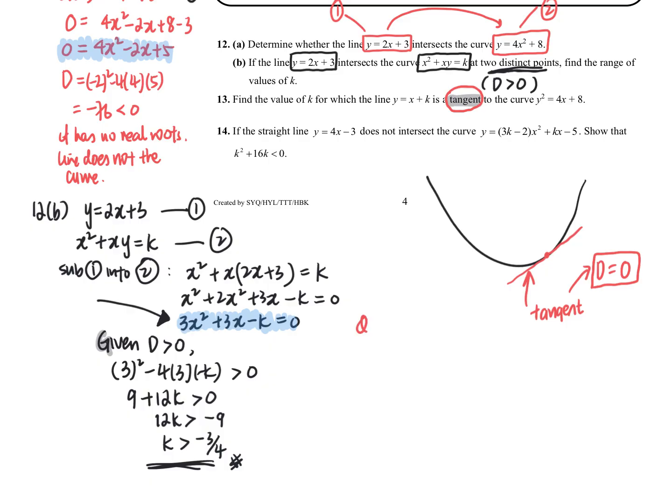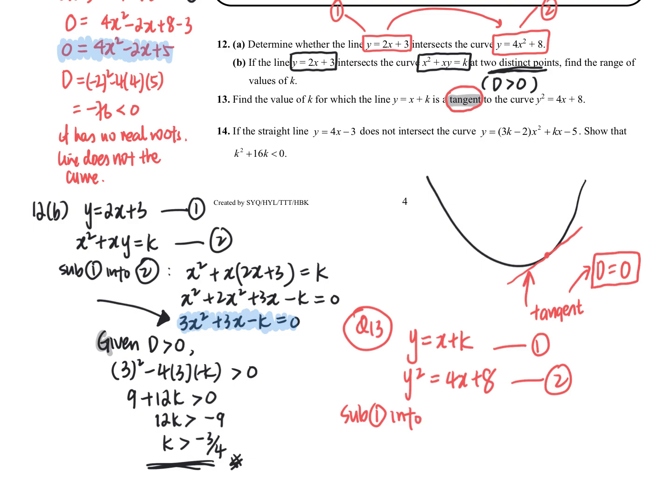So let's look at 13. Same thing, they are going to give you a straight line. They are going to give you a curve. So you need to form your first quadratic equation. So sub one equation into the next. So just follow.